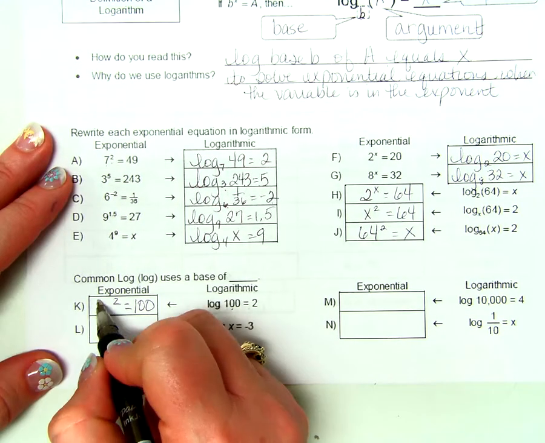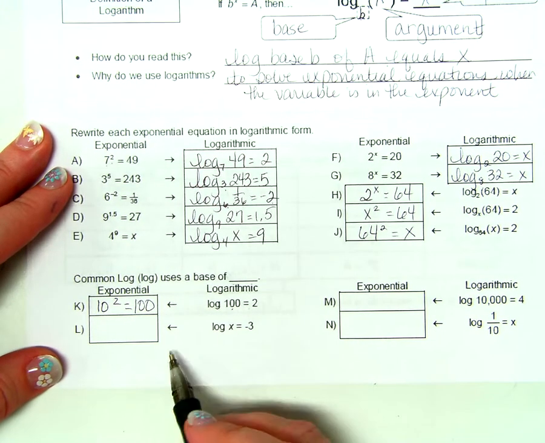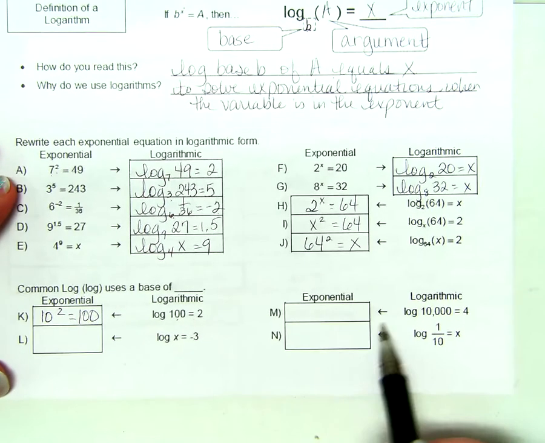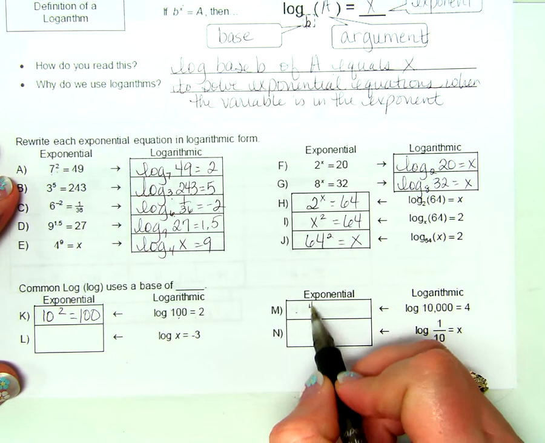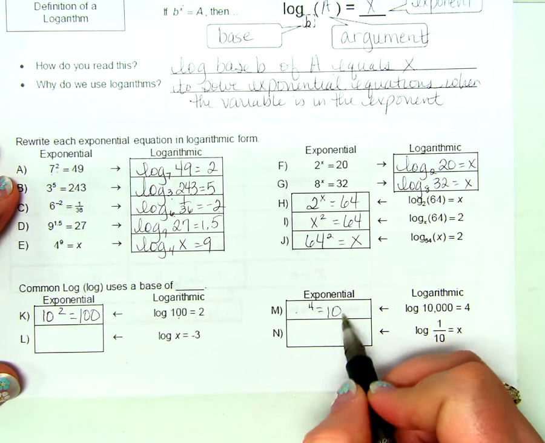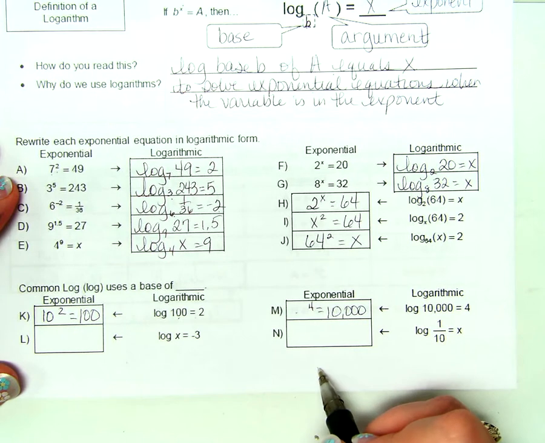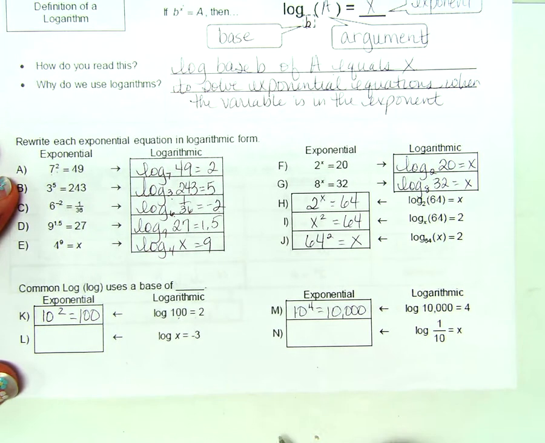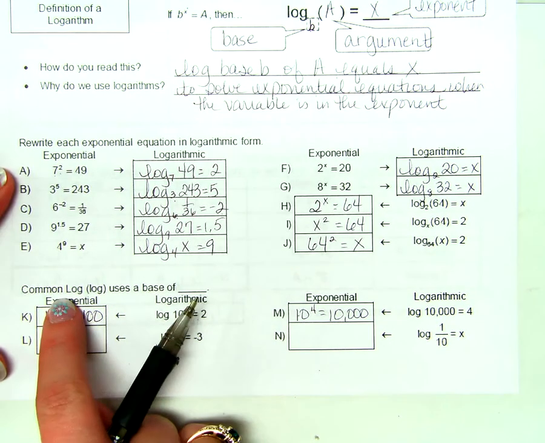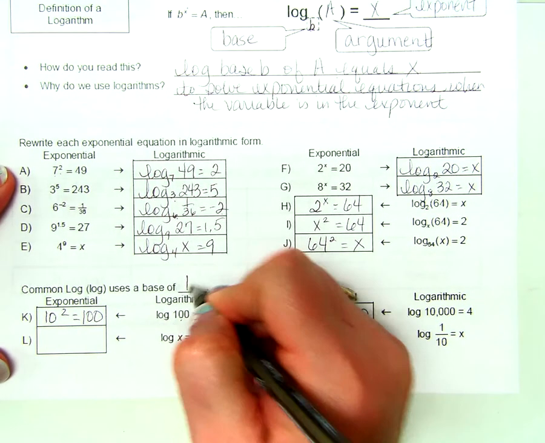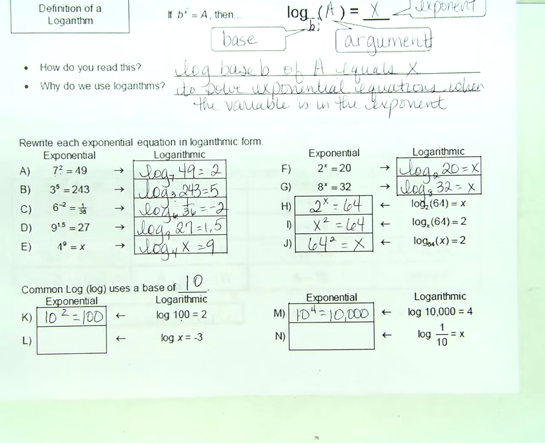So we think maybe it might be 10. Well, look over at M. Something to the 4th power equals 10,000. Is that 10? So can we say with reasonable certainty that the common log base is 10? Yes, we can.